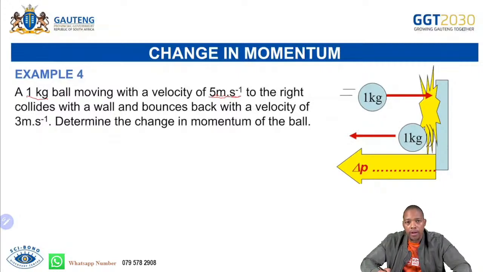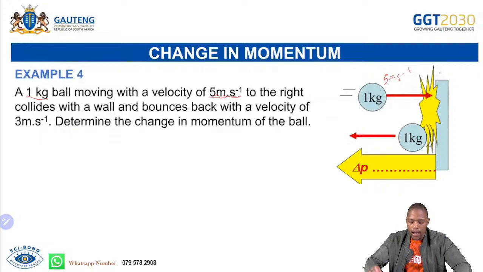Here it is, shown in the diagram, colliding with the wall. It is moving 5 meters per second. It collides with the wall and bounces back with a velocity of 3 meters per second. So when it bounces back here, it now has a velocity of 3 meters per second. And the question is, we should determine the change in momentum of the ball. How did the momentum of the ball change? Okay, now there are two options here, Christoph.